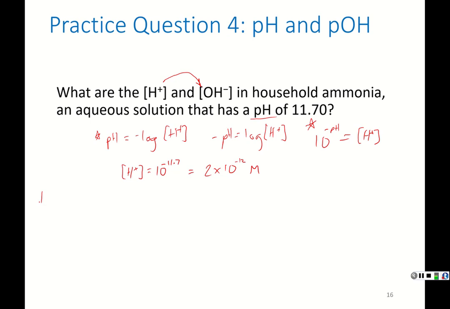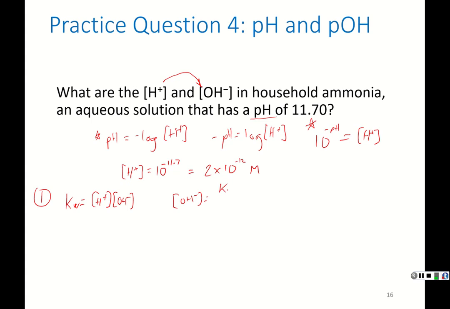So two ways to do this. Let's start the first way using Kw. Kw equals H plus times OH minus. And we know Kw is always 1 times 10 to the minus 14th. We just calculated H plus, so if we solve for OH minus, we should just be able to plug things in.